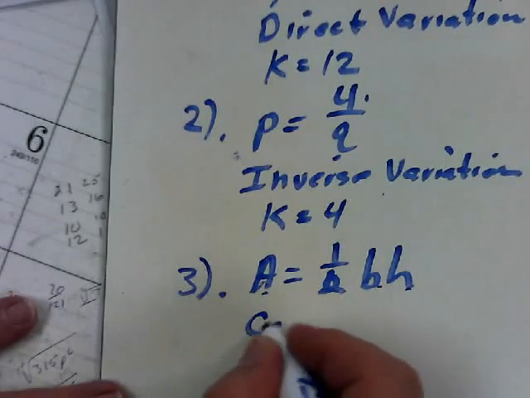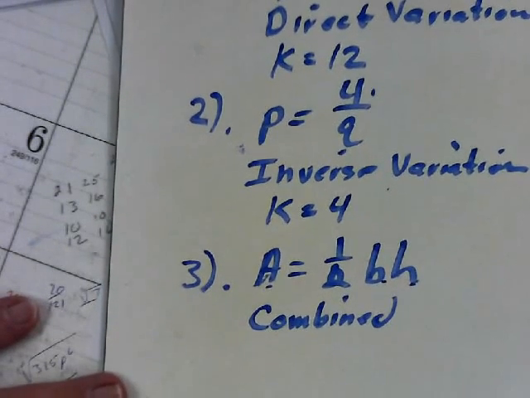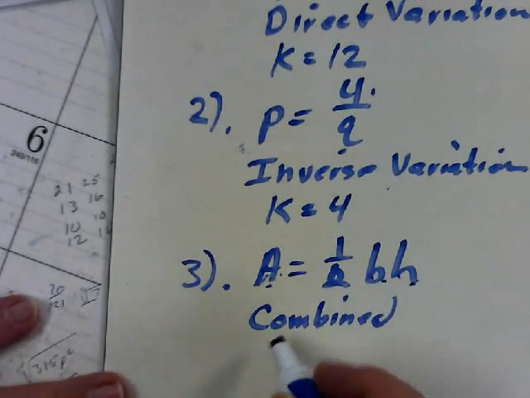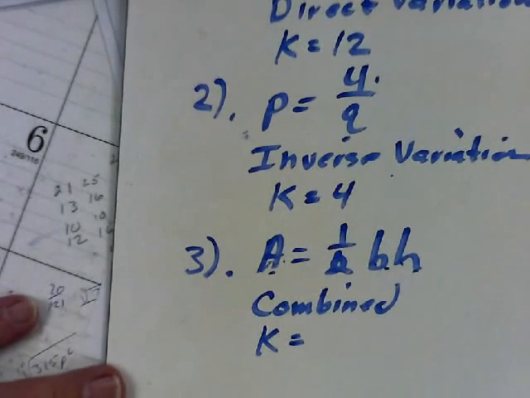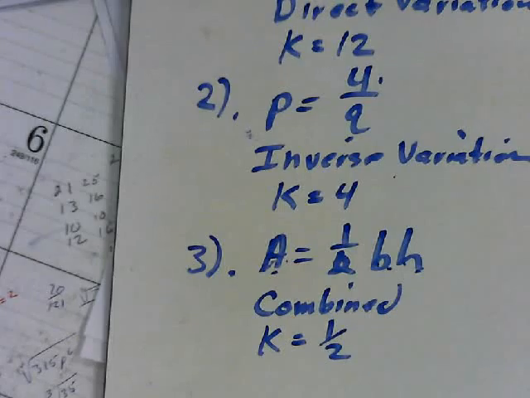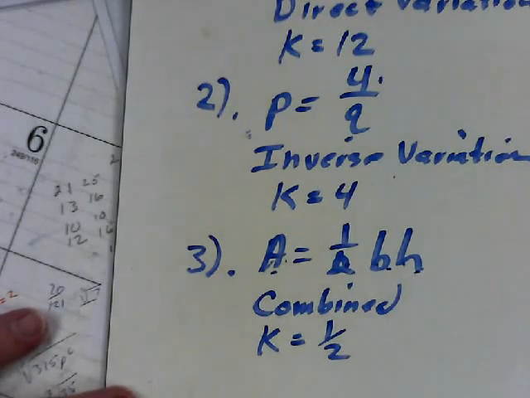They probably will label it as combined. If you label it as joint, I would take it, because you're comparing 3 things, right? And what would my K be? 1/2. It will be the constant of variation, because that's the number that's in that expression. Make sense? Okay.